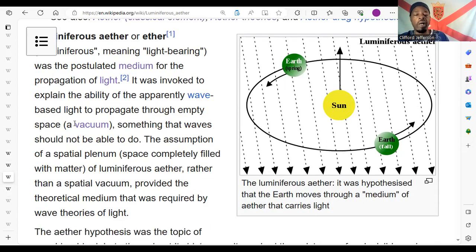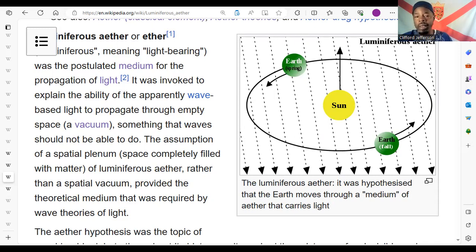It was invoked to explain the ability of apparently wave-based light to propagate through empty space, i.e., a vacuum, something that waves should not be able to do. The assumption of space completely filled with matter, a luminiferous ether, rather than a spatial vacuum, provided the theoretical medium that was required by wave theories of light.